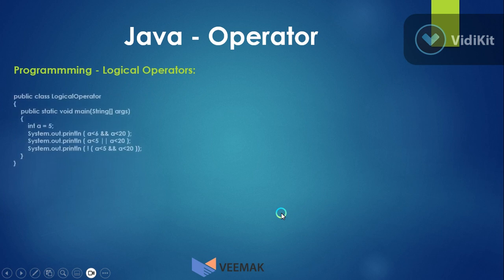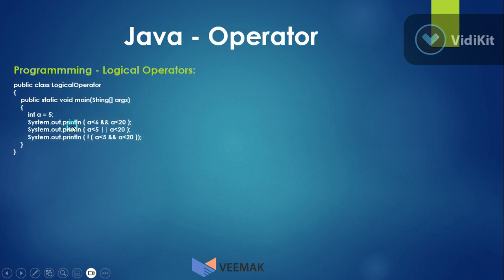Let us see the program using logical operators. Here I have created one class, main method, in which I have declared one variable A is equal to 5. Now I am checking both conditions. If both conditions are true, it will return true. If one condition is false, it will return false.